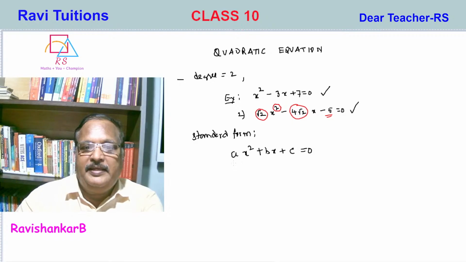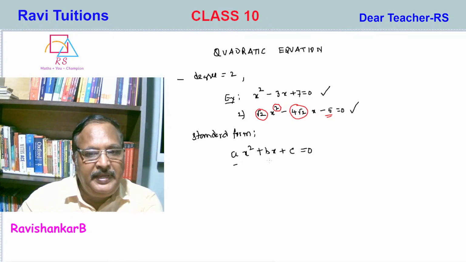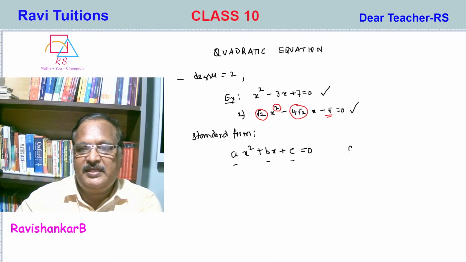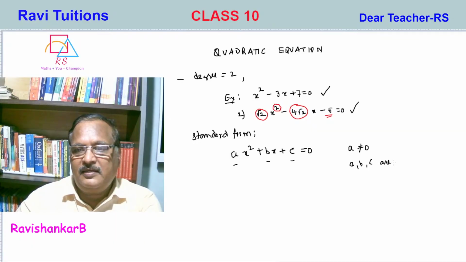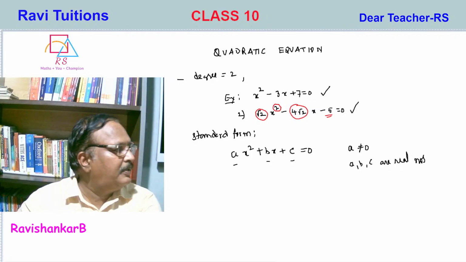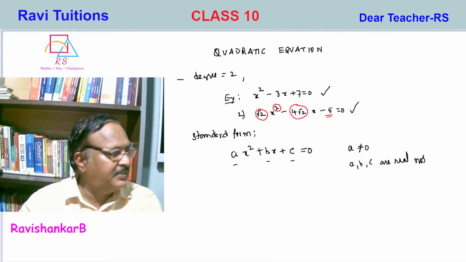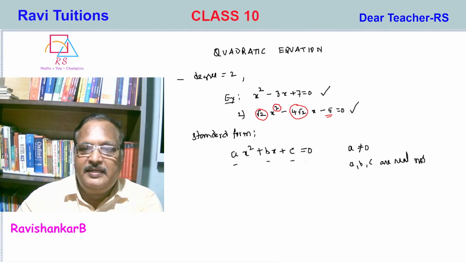So a is the coefficient of x square, b is the coefficient of x, and c is a constant. The first condition is that a is not equal to 0, and the other condition is that a, b, c are real numbers. If a is equal to 0, then the x square term will get eliminated.